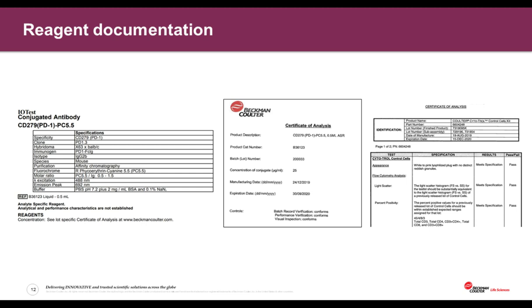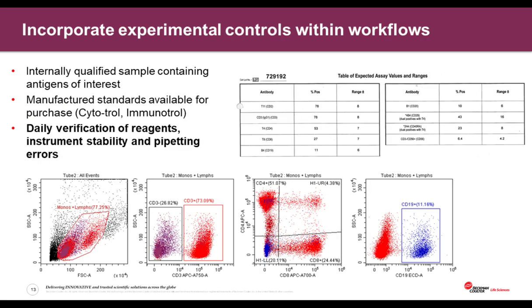In terms of the certificate of analysis, you'll get the expiry date, as well as the batch record verification, which tells you that the reagent itself conforms to the QC specification. In addition, you'll get a certificate of analysis that is a little more detailed, that's going to show you specifically what results are being passed, so that you can understand the type of QC that's involved in your reagent.